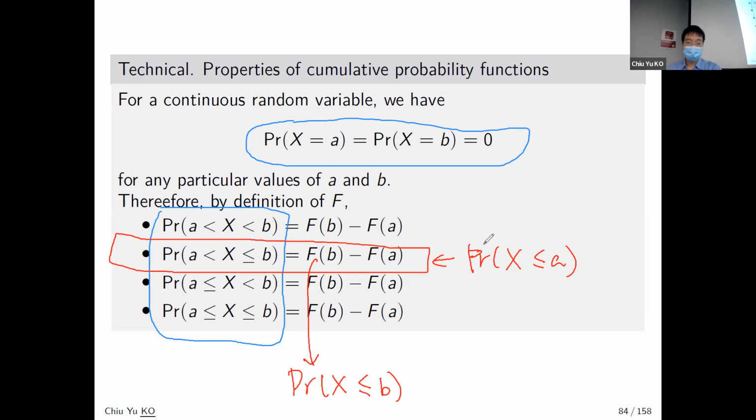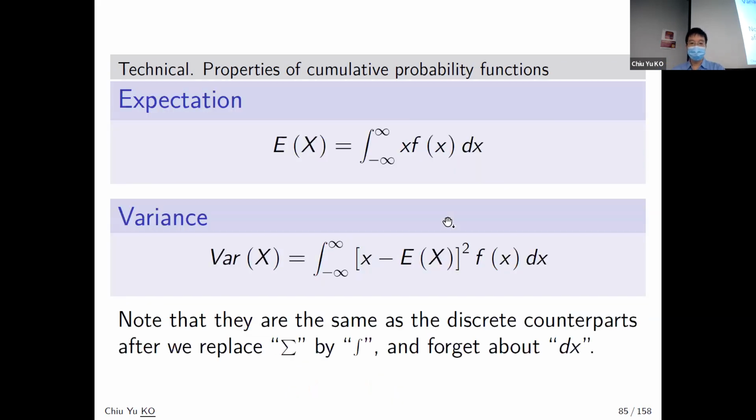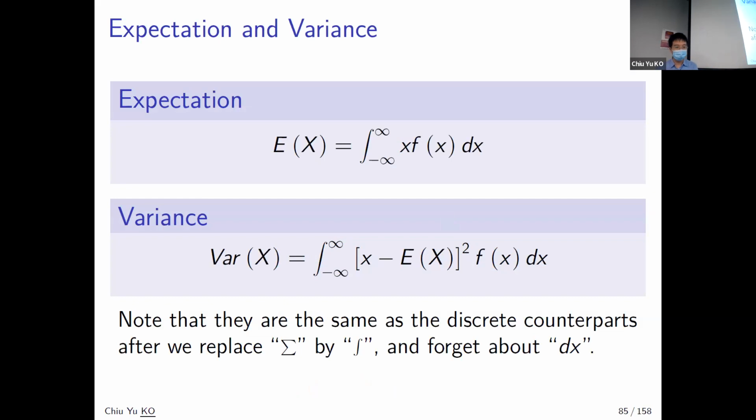Any question? Okay. And because of the complicated definition, we are going to be easy on the expectation and the variance. Actually, for those who don't know calculus, this is more or less the same as the summation sign, adding x, and you can think in your head that x times dx is actually p of x.